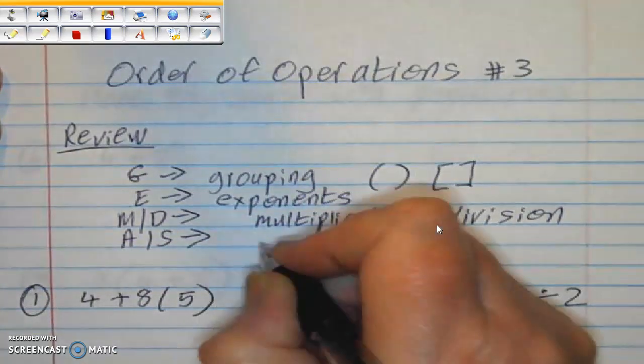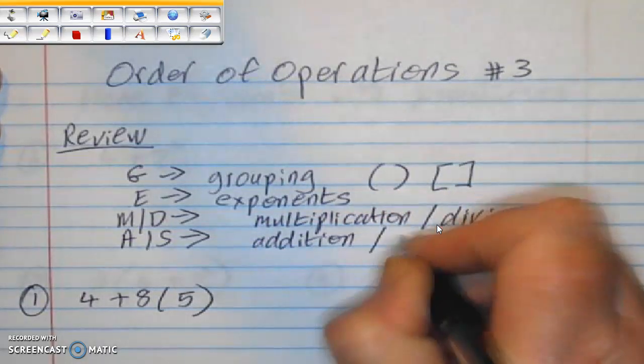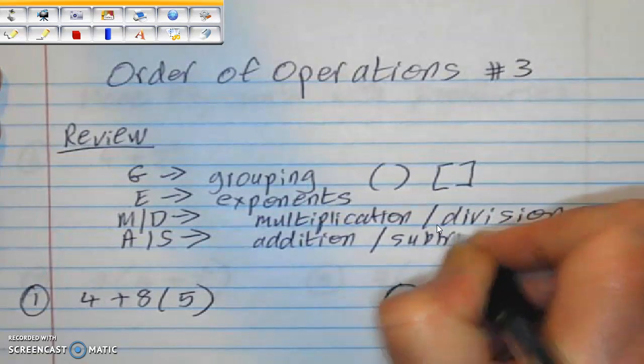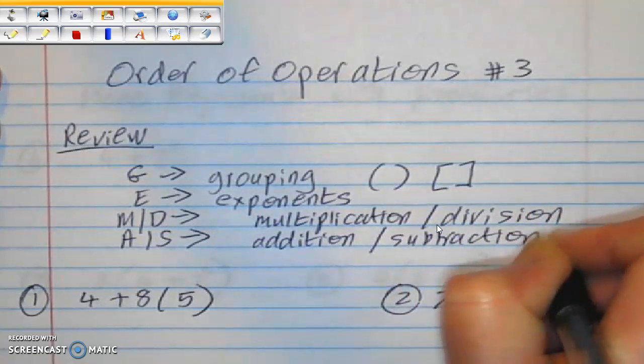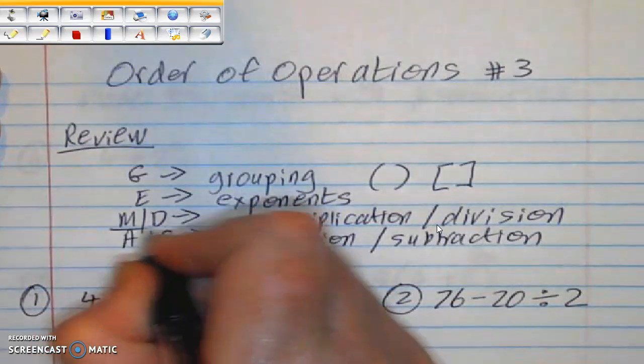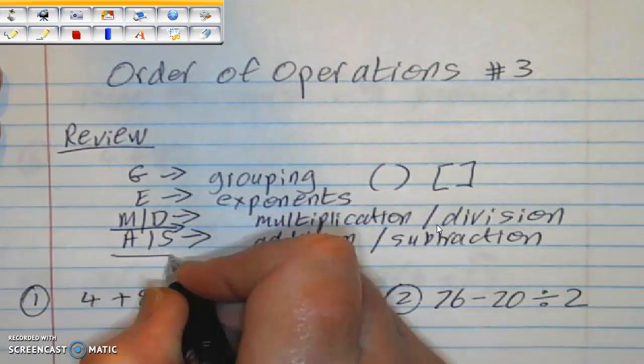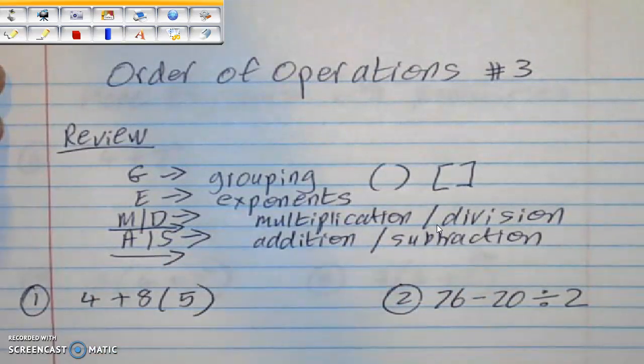A and S are for addition and subtraction. The other thing that's important, multiplication and division, you do left to right. Addition and subtraction, you do left to right.